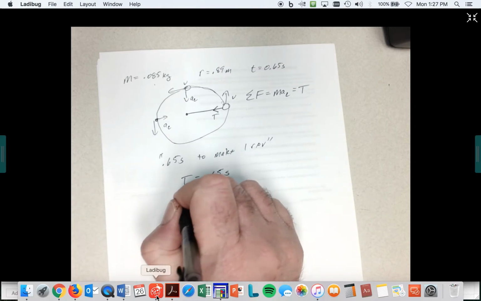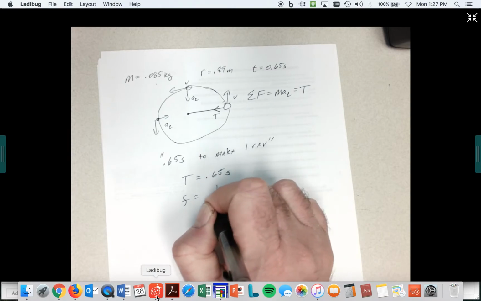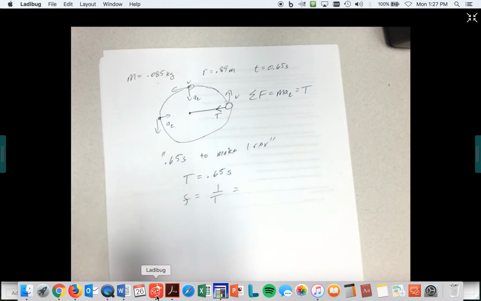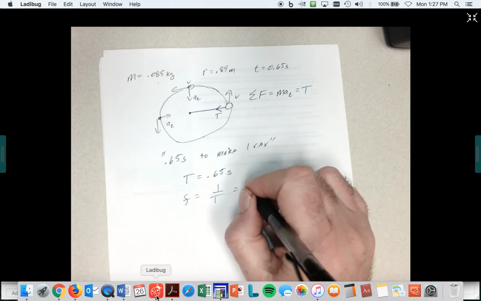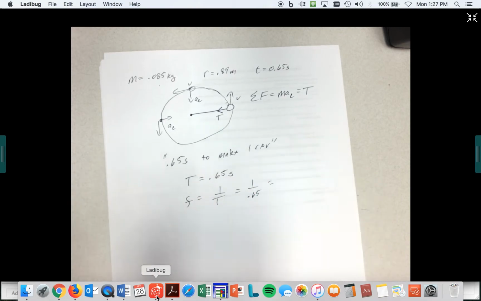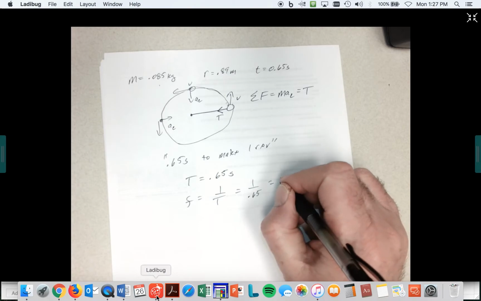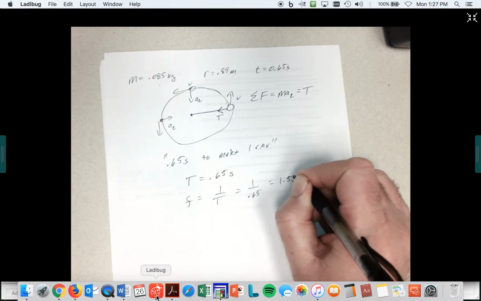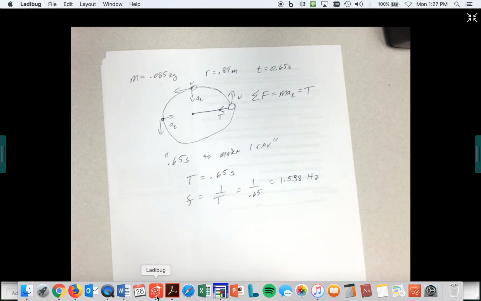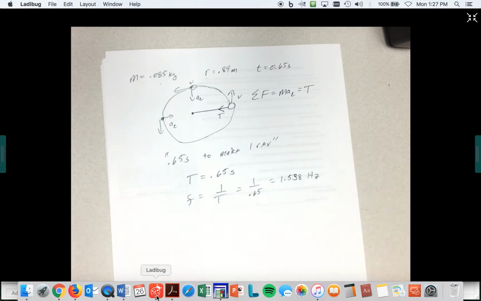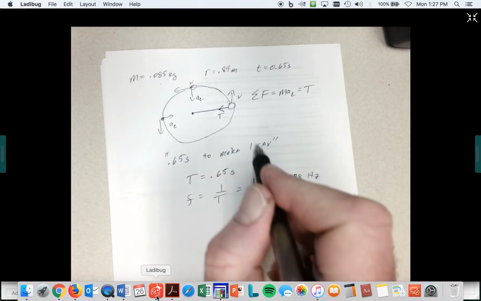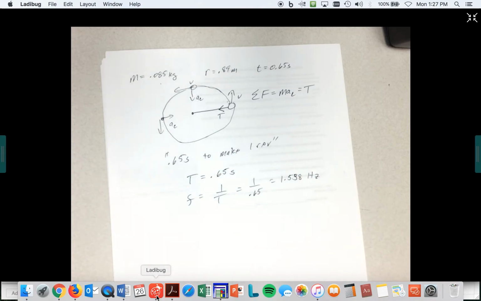The frequency is 1 divided by T. So if I take 1 divided by 0.65, I get 1.538 hertz, which means it goes 1.538 times around the circle in 1 second.